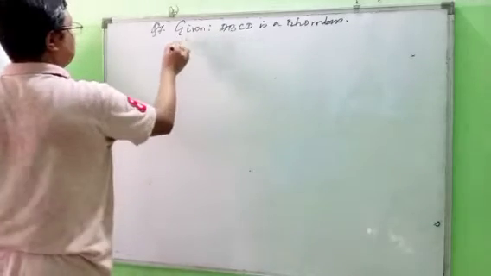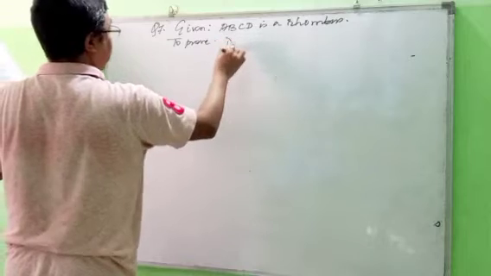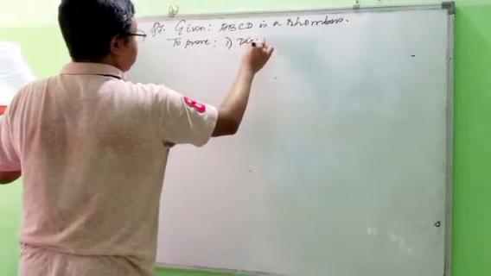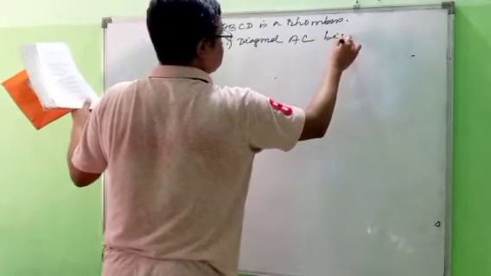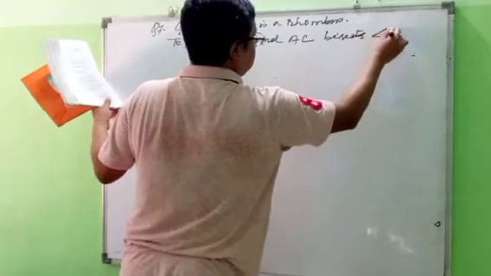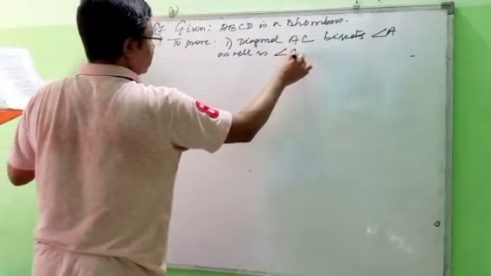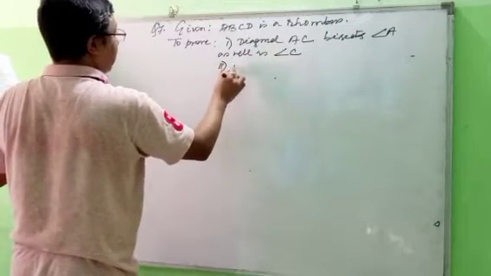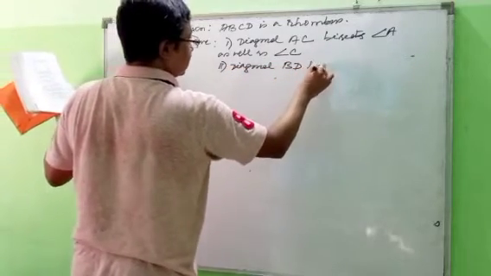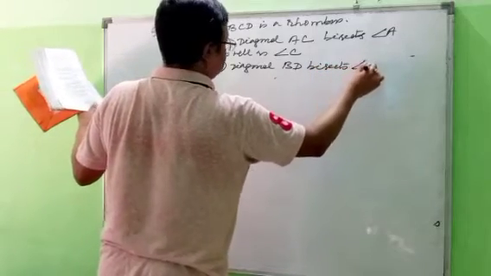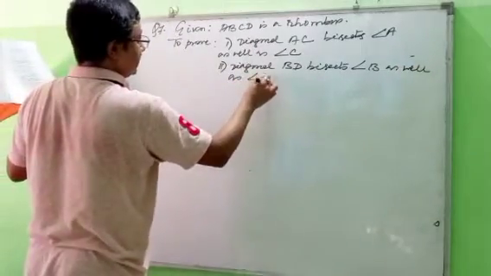Now to prove: number 1, diagonal AC bisects angle A as well as angle C. Number 2, diagonal BD bisects angle B as well as angle D.